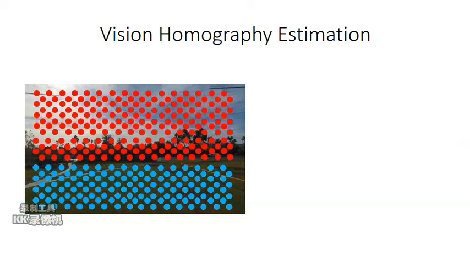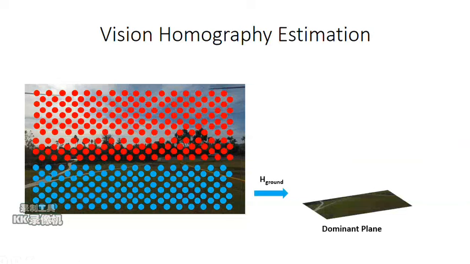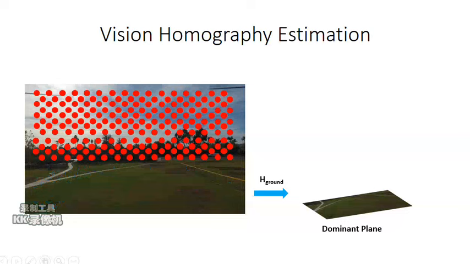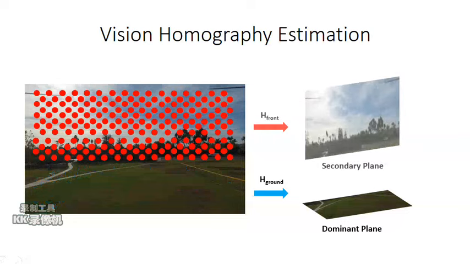With point correspondences, we estimate the dominant homography by RANSAC. RANSAC will label these points as inliers and outliers. Here, inliers are blue points. The outliers are red points. Secondly, after excluding inliers, we perform RANSAC again to find the next layer of homography for the residual points.